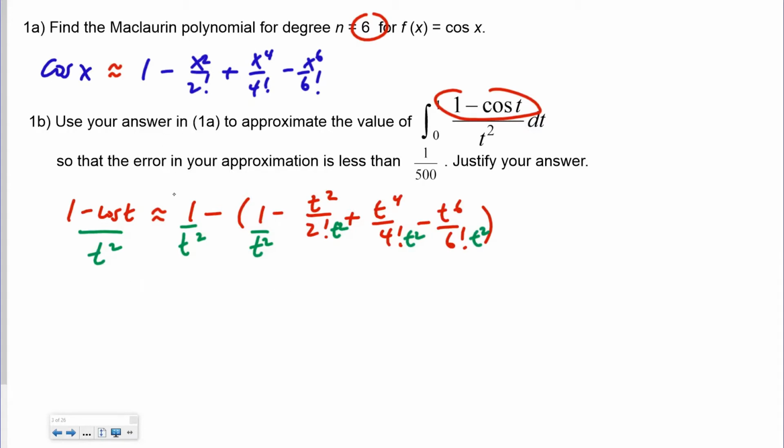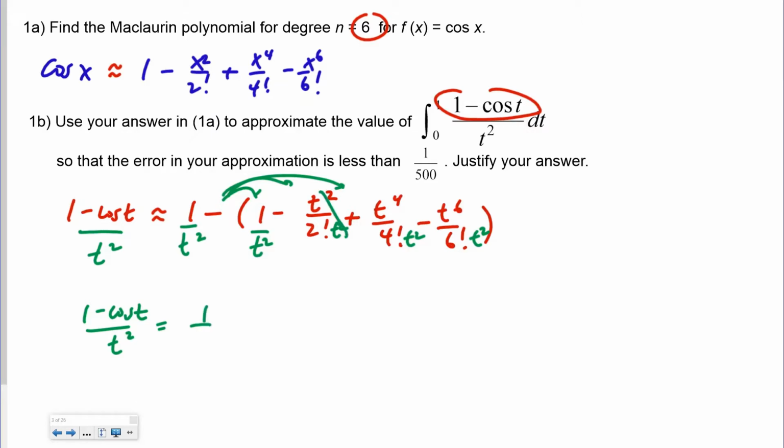And what do I get here? I get 1 minus cosine t over t squared is equal to, this negative is going to distribute. So I have 1 t squared minus 1 t squared. That's going to give me 0. And then all these signs will become negative. So what I'll get is t squared over, oops, these t squares are going to cancel out.